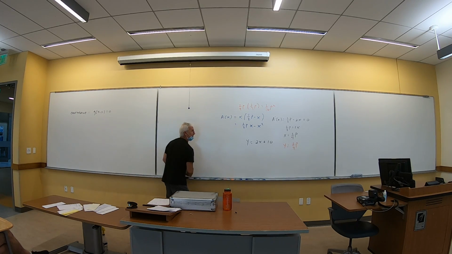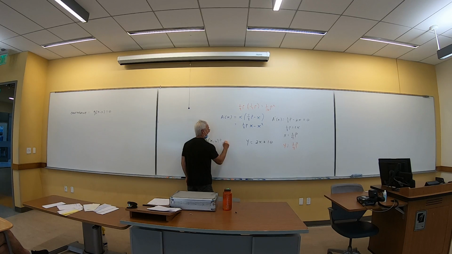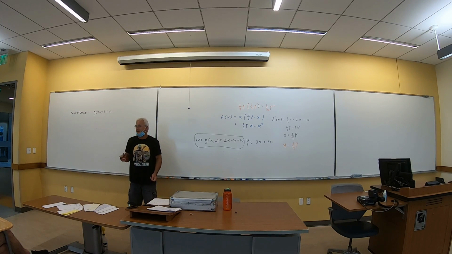If this was my constraint, how do I make it into a g of x y equals 0? I'd say, let g of x y be 2x minus y plus 10. Would that work? Yeah, you just throw everything on the same side.